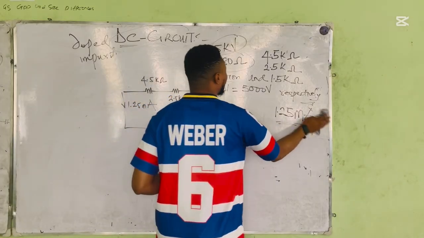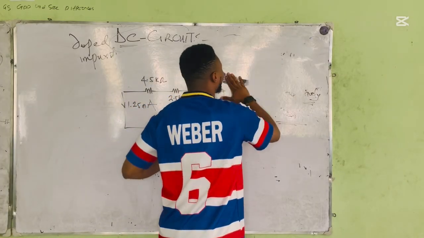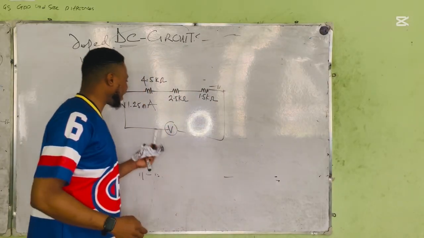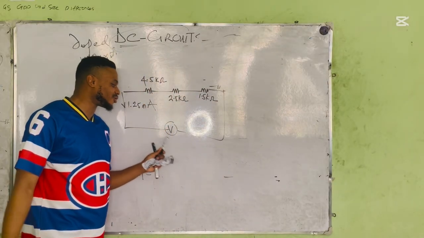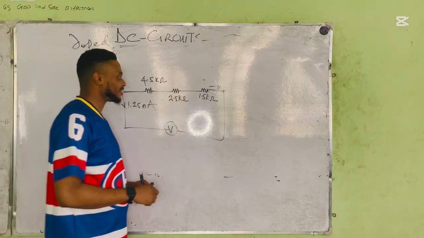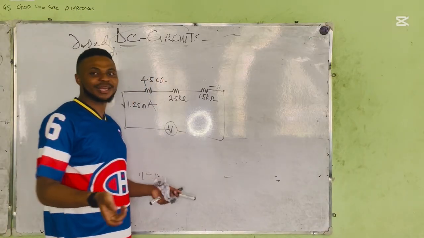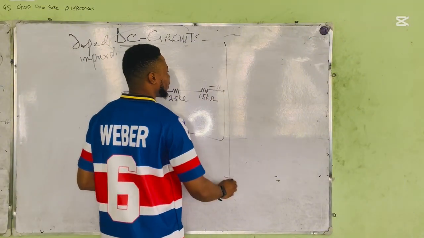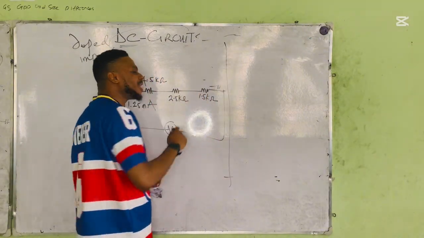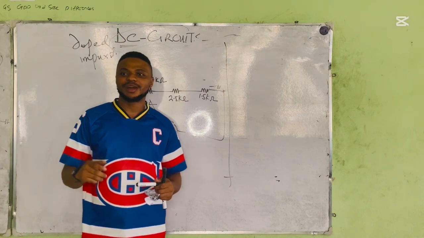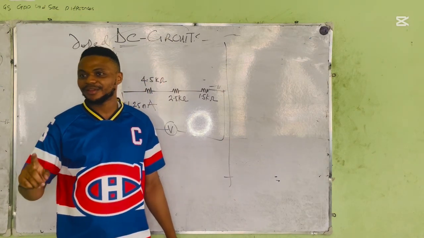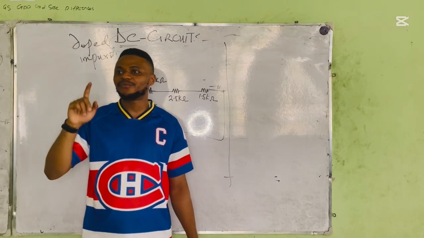Now we are told that we should look for the voltage. The total voltage that is here, what does this volts represent? That is the battery, what voltage is in this circuit? I told you that when you connect resistors in series, you don't have the same voltage.